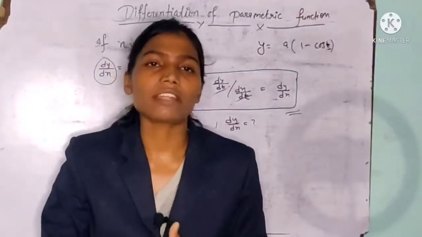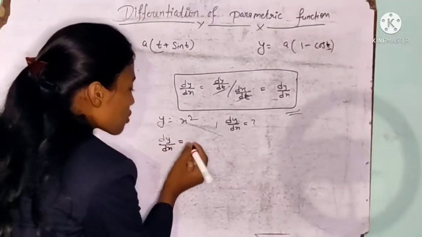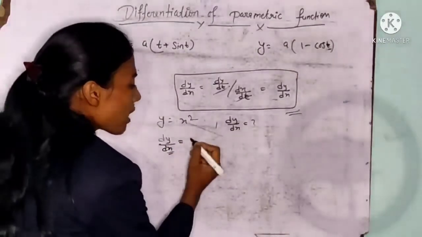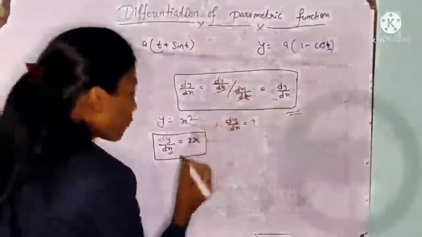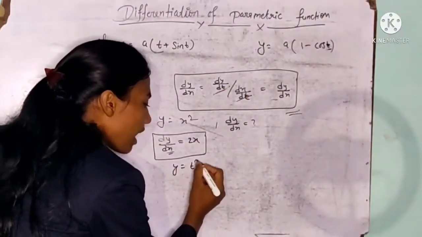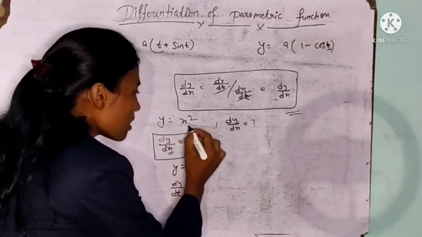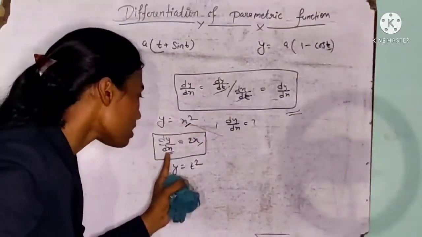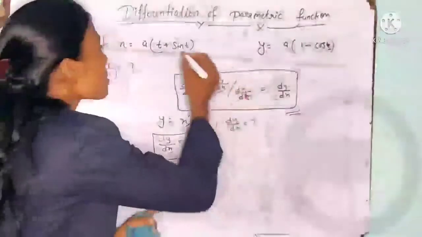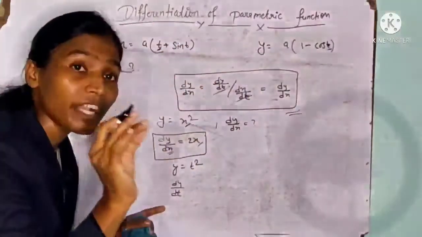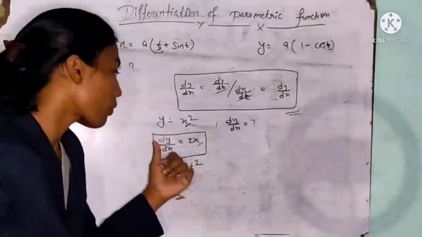So here if I find dy by dx, we differentiate with respect to x, and the differentiation of x squared is written directly as 2x. Likewise, if the variable is in terms of t, like t squared, then how do we find dy by dt? Here the function is with respect to x, that's why we differentiate with respect to x. Likewise here the functions depend upon t, so we can find dy by dt easily according to this function.